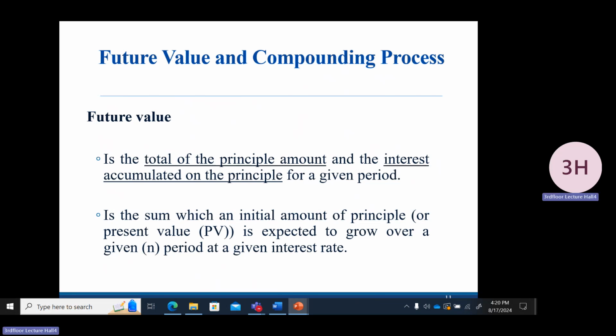How much interest now? 121. Then what is the ending balance at the end of year 3? 1,331. This is the beginning balance of year 4. Now you are getting interest of 133.1. So then you will have how much?